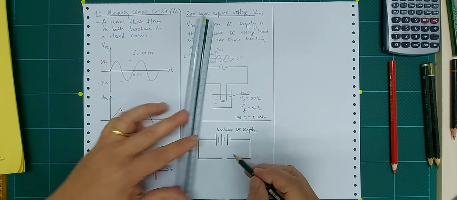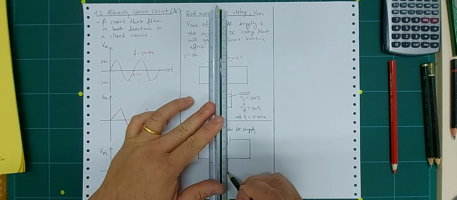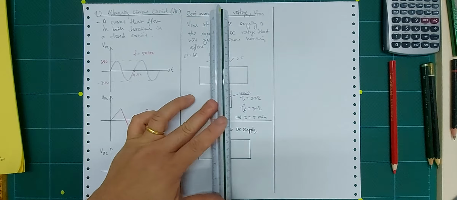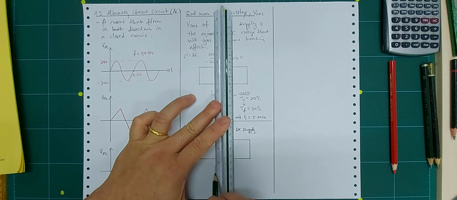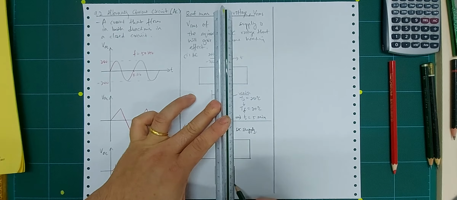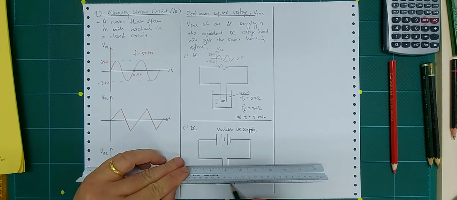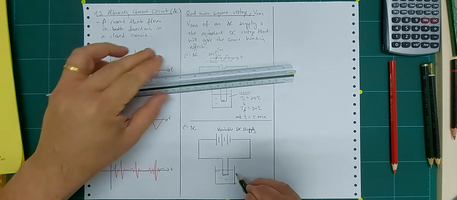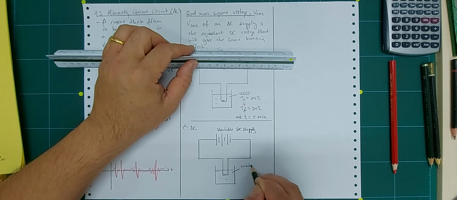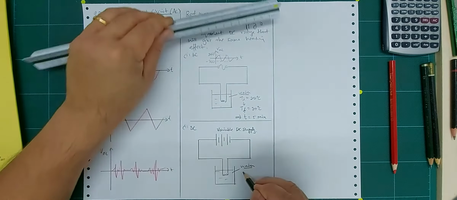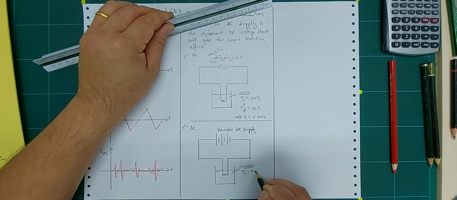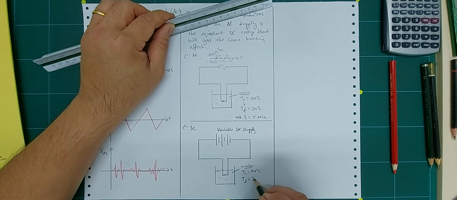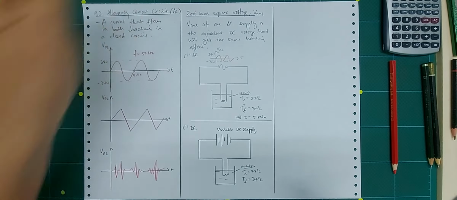Now using exactly the same setup, everything the same here, you have the same beaker with the same amount of water at the same initial temperature of 24 degrees Celsius, and the final temperature we need is 34 degrees Celsius.